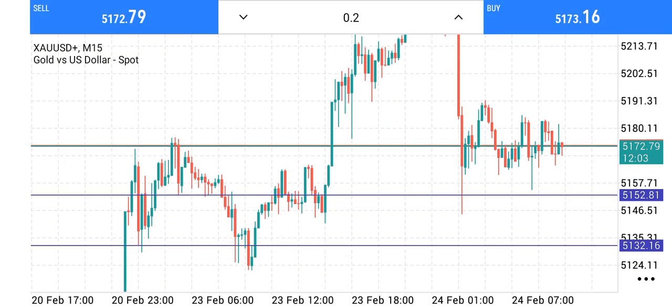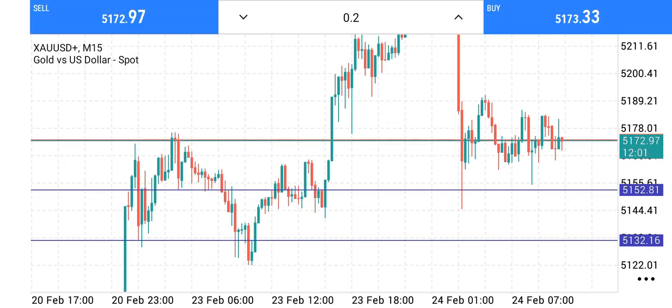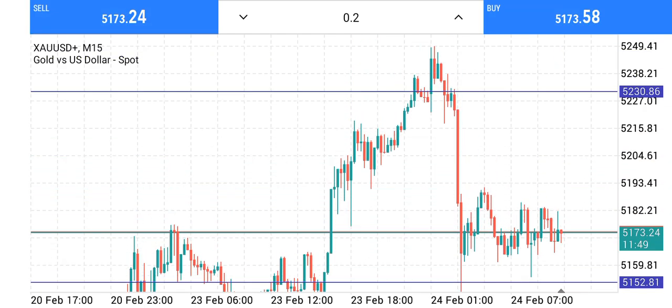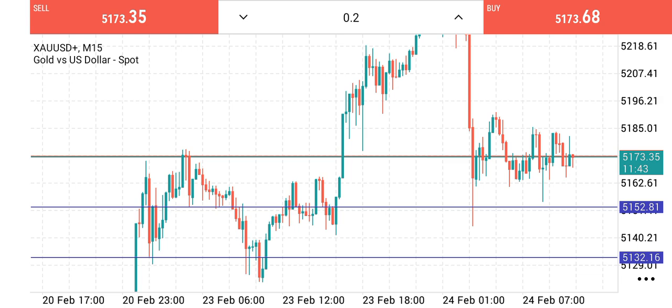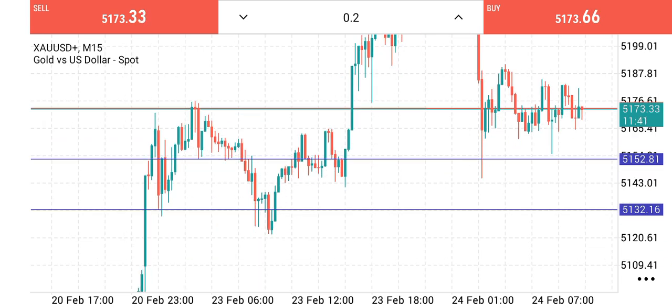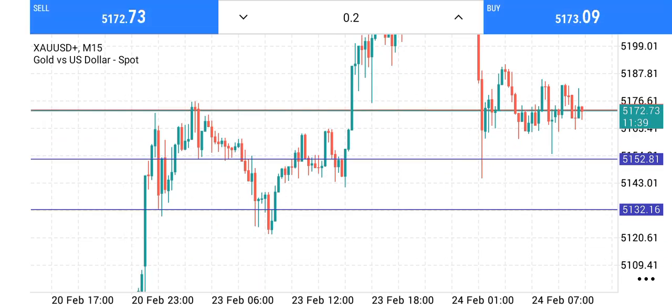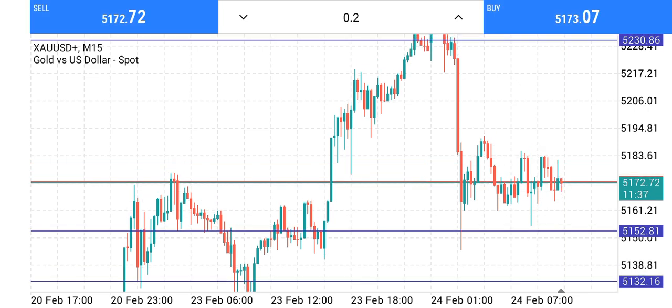Then if it comes down here, sweeps this liquidity, and you see a bullish engulfing candle, a big candle like this, my brother, enter for buy. Target this high here, target this supply zone. If you come down, touch this demand zone, sweep this liquidity, target this supply zone.